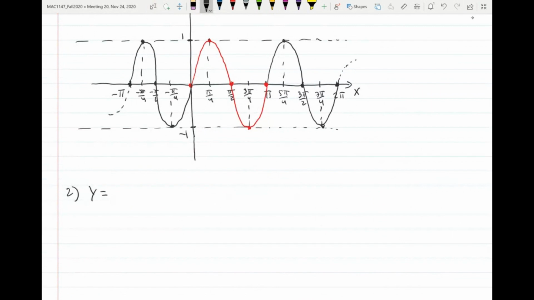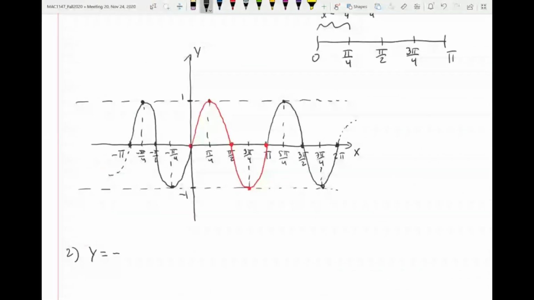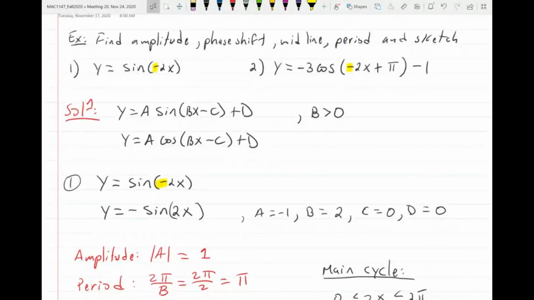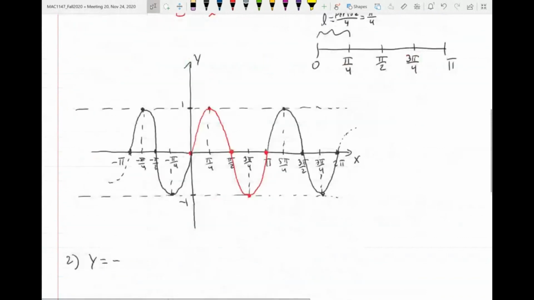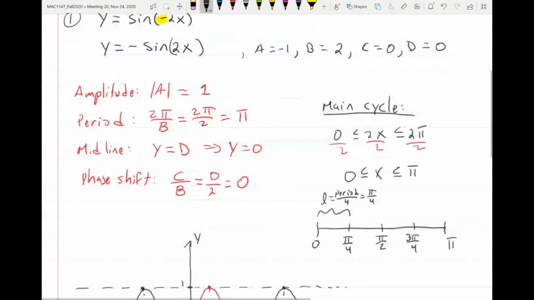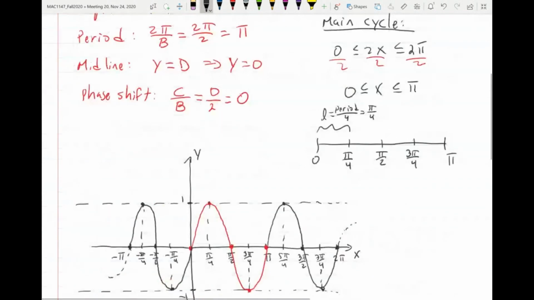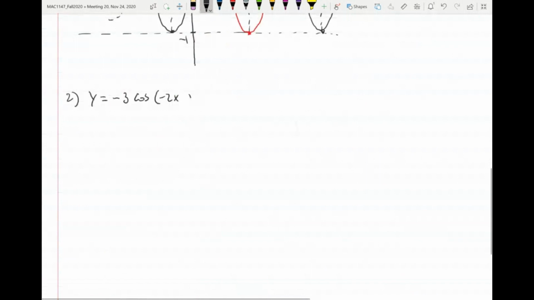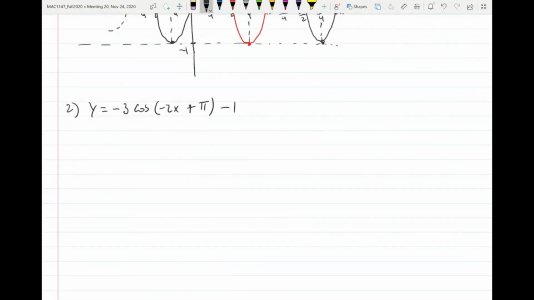So the next one will be, so what was it? Negative 3 times cosine of negative 2x, and then did I put plus or minus pi? Plus pi minus 1. Okay.